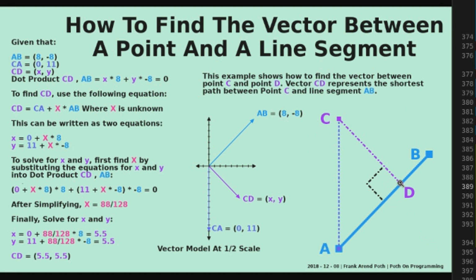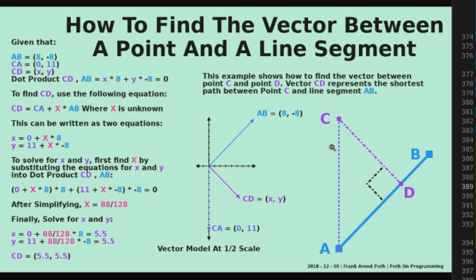If the dot product of CD was negative, however, compared to the dot product of the right-hand normal of AB, then we would have a collision. C would be over here somewhere, and we could use C to D for our penetration depth, and we would just have to move our polygon by the amount of that penetration depth to resolve our collision. So that's why being able to find CD is so very useful.